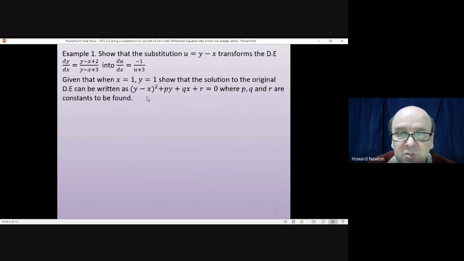And we've been told the general form that that will have, where you have to find p, q, and r, which are all constants. Now, as I say, it's quite long, this question, and a little complicated at times, especially the first bit. But I'll let you have a go yourself first. So pause the video, have a go, and then come back to me again when you're ready.